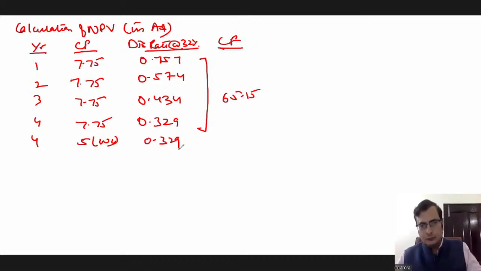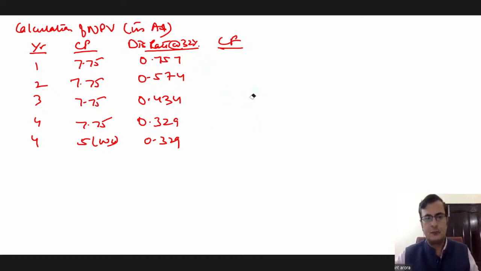Okay, so total is coming out to be, no, I did something wrong. Oh God, I divided it. I should have multiplied. Sorry. My focus was mainly on the concept, so I just forgot. Okay, sorry, you have to multiply 7.75 because the divide we've already done, no? 1 divided by 1.32.